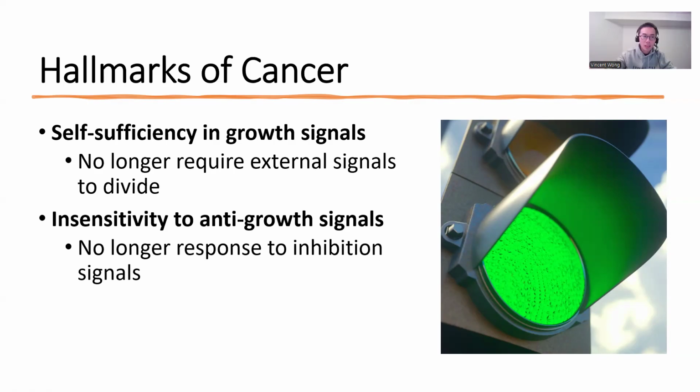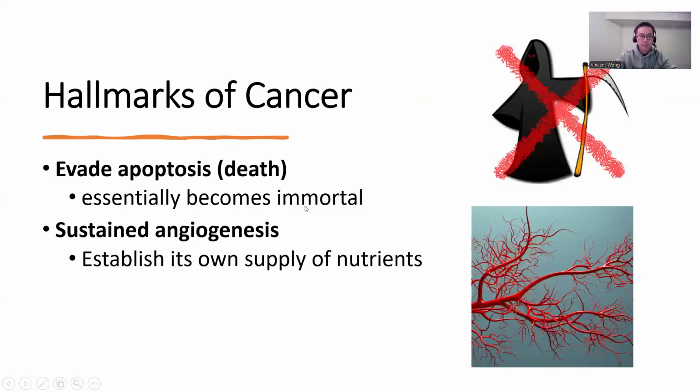And furthermore, they are insensitive to anti-growth signal. You tell them to stop dividing, they won't even listen, right? If the red light turns on, they ignore it. They no longer respond to inhibition signals. So together, these two qualities allow the cell to rapidly divide.